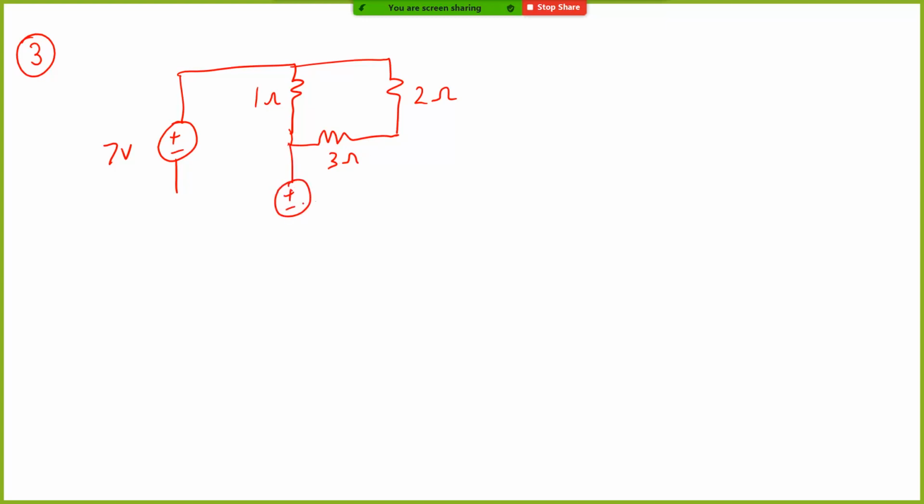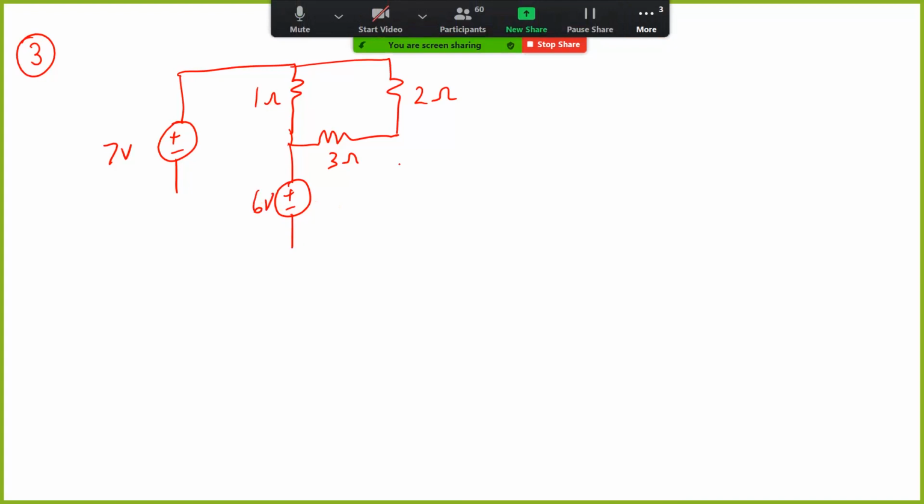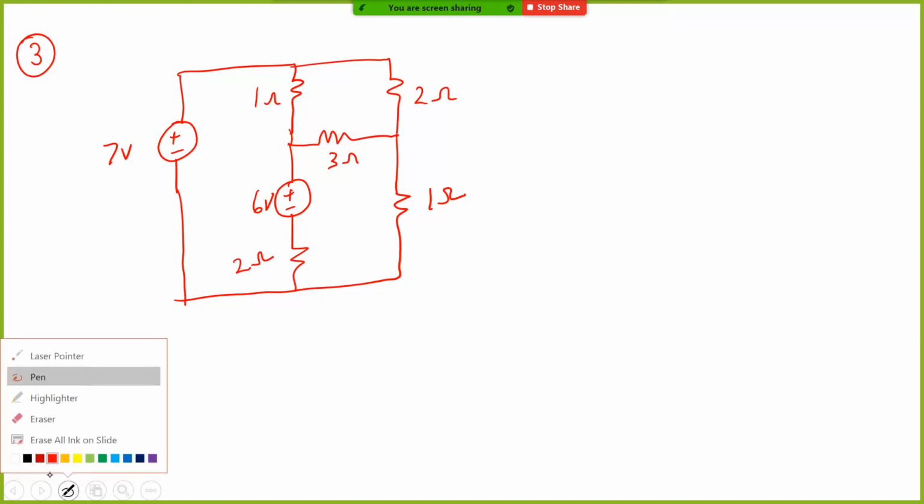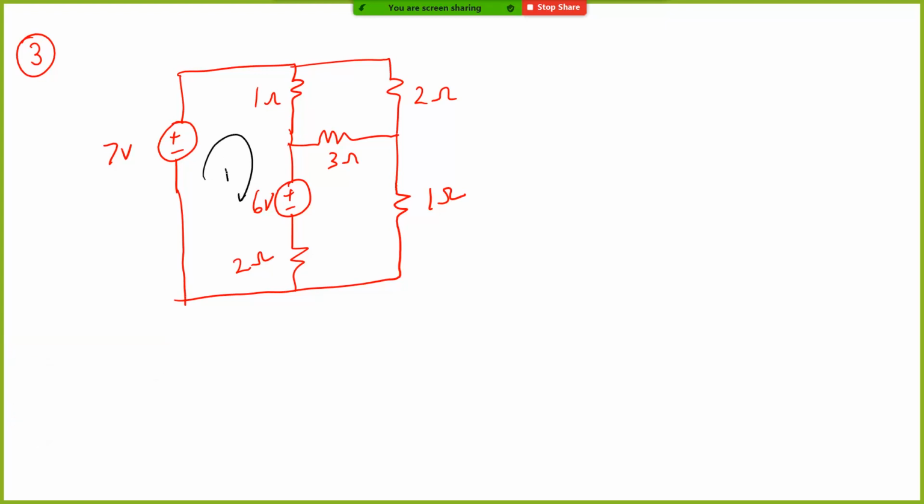You have a 6 volt supply, 2 ohm. So this is the circuit, and let's define the currents. This is current I1, this is current I2, and this is current I3. The question is, determine I1, I2, and I3.